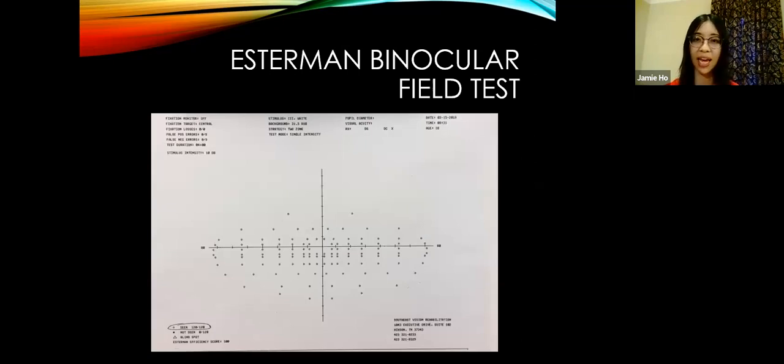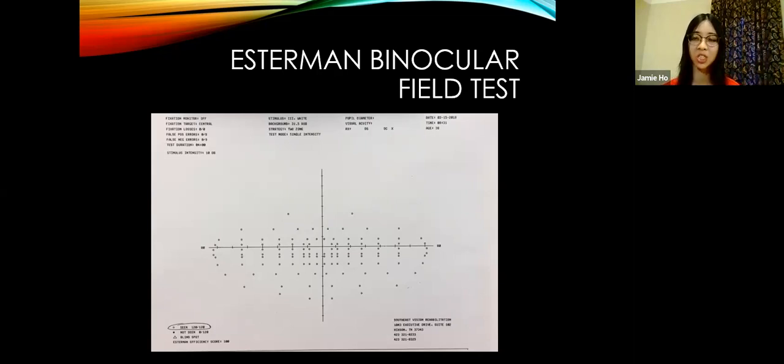This is a binocular Esterman field. Some of you, if you certify for driving, this is typically the field that is accepted. It does 120 test points, and it's a binocular field. And how it differs from a threshold field: in glaucoma testing, some of the lights are really bright and some of them are a little dim, and we map out sensitivity.